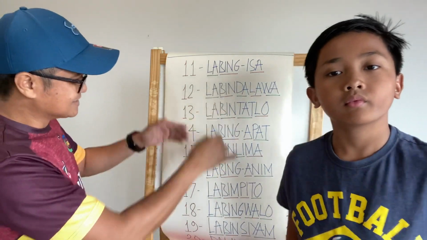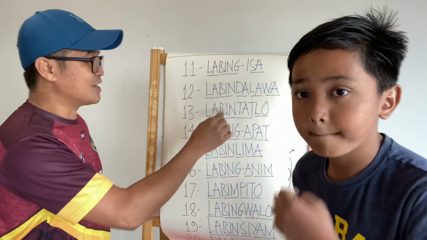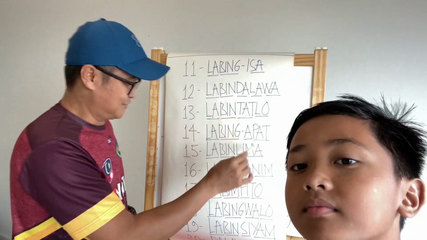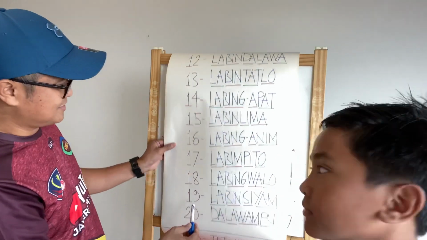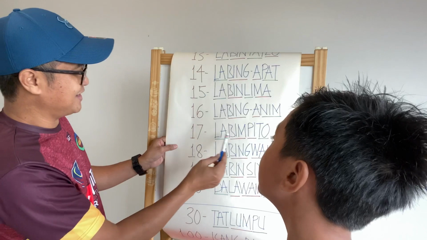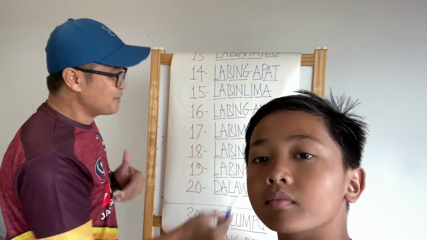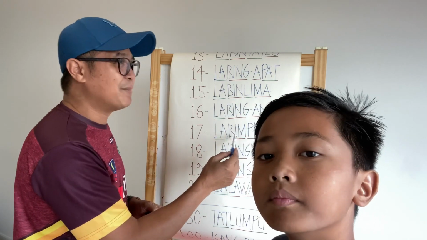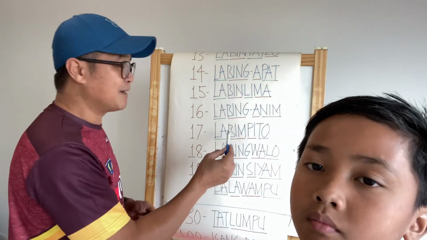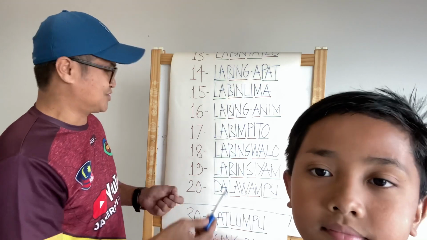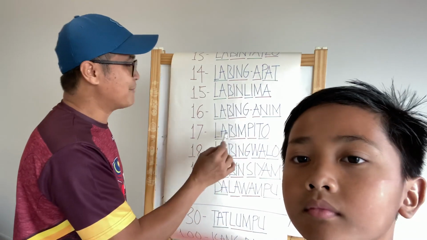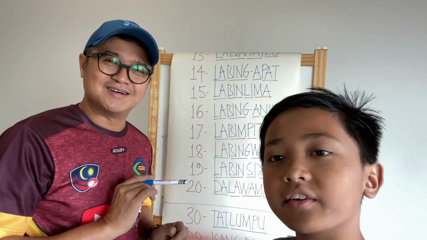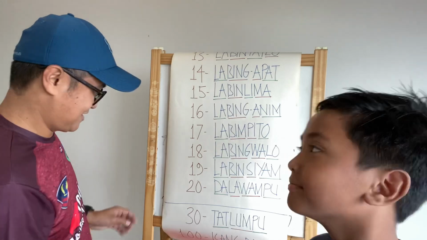For the others that start with consonants, we drop the G, so labing tatlo and so on. But there is a special case in pito. It's probably because it sounds weird, maybe. Labing pito is not that good, so I think they came out with labing pito, which sounds more accurate. Thank you, Jaberism Jr.